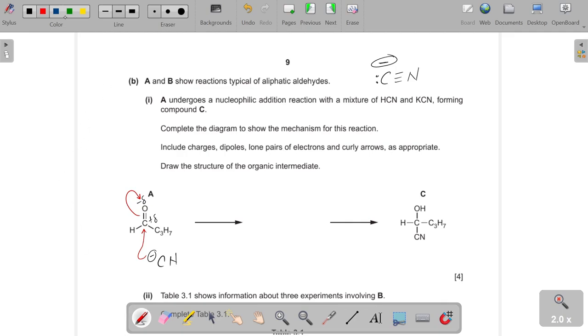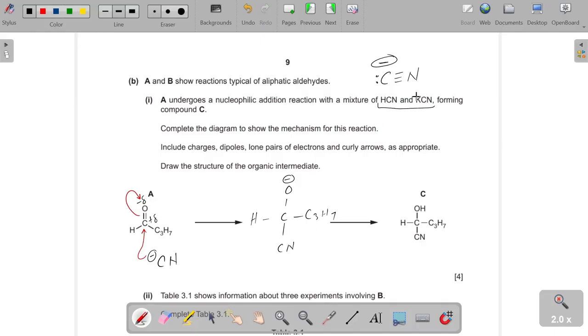You will get the carbon with this oxygen negative charge, and the CN will attach over here. CN is here, and this side is C3H7. Understand?